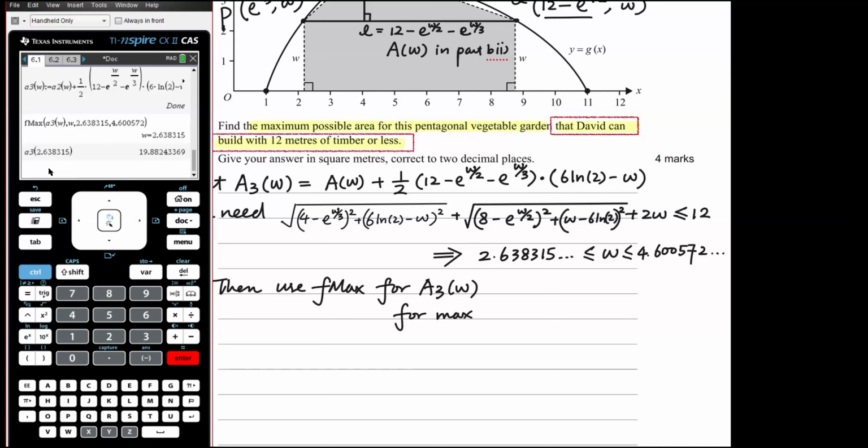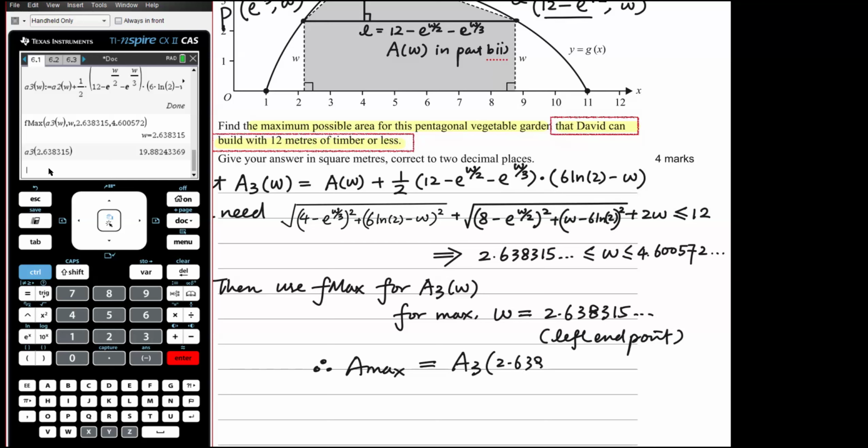For maximum, W equals 2.638315, etc. This is at the left endpoint. And therefore, the maximum equals A3 of 2.638315.